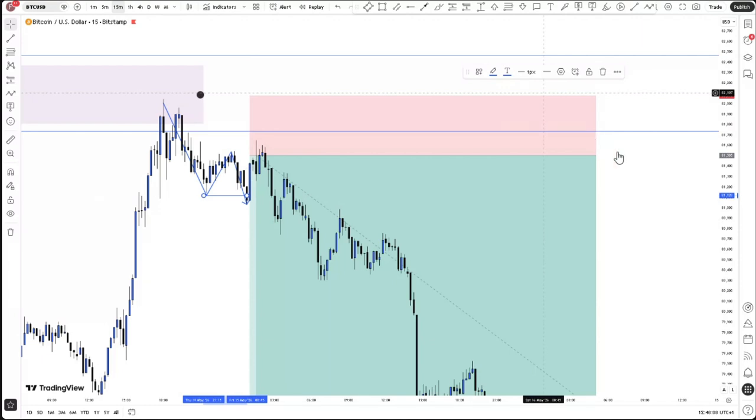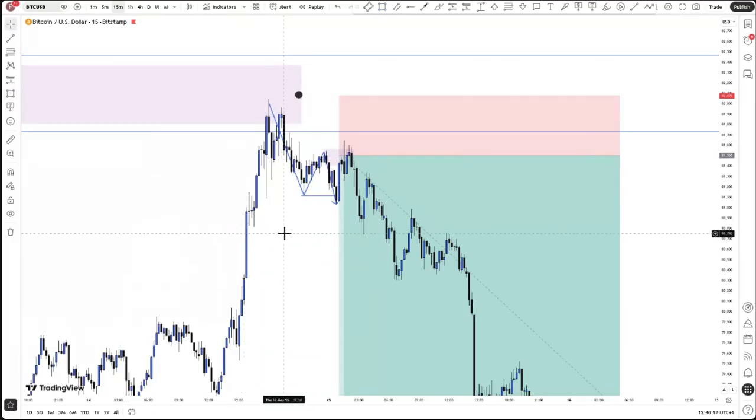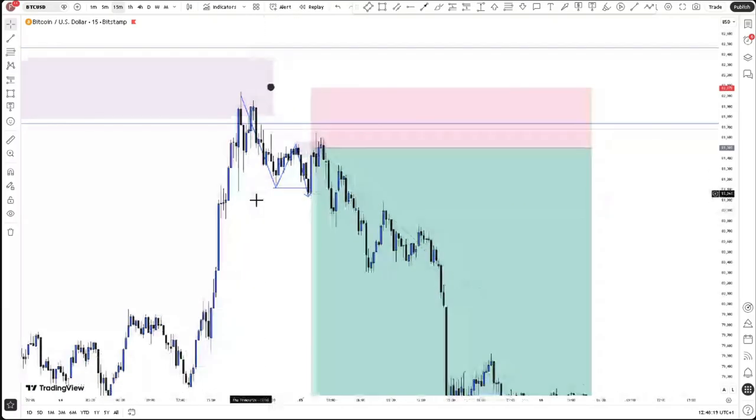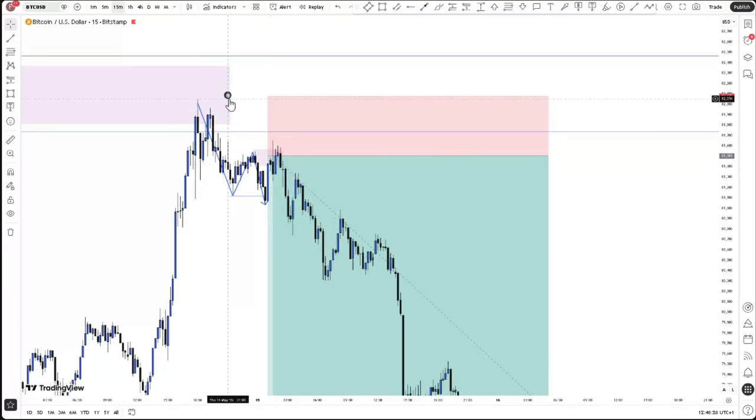Now, the moment you've gotten this, the next thing you do is mark your key level. Now, from my own personal conviction, sometimes I set my stop loss above the whole of this high because I know sometimes they want to sweep that level. I know that in some cases they will want to sweep that level before they go.